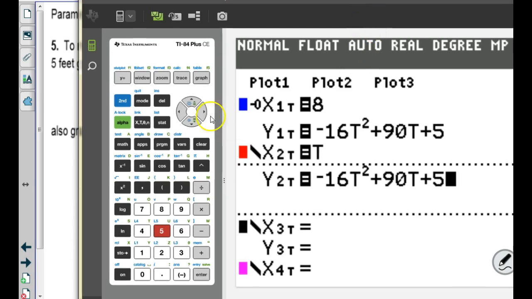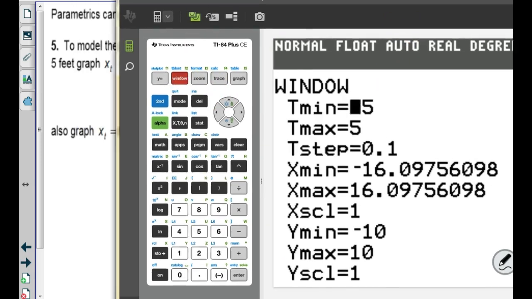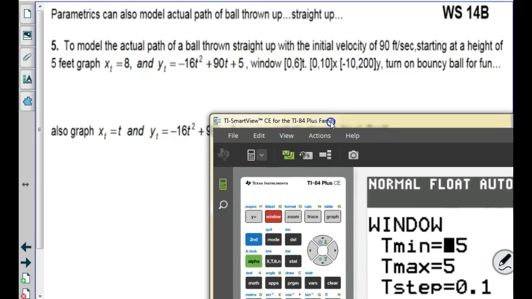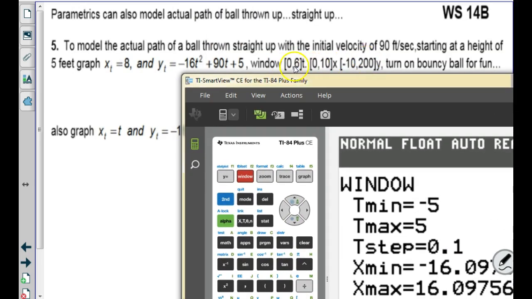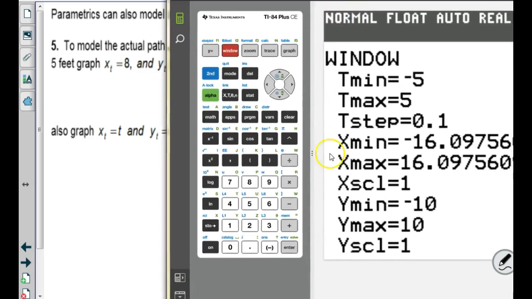Okay, now you're going to set your window. Your t, it says here, everybody looking? It says use 0 to 6 for t, 0 to 10 for x, and -10 to 200 for y. Okay, somebody tell me what I just said.